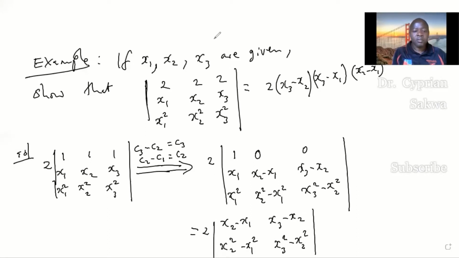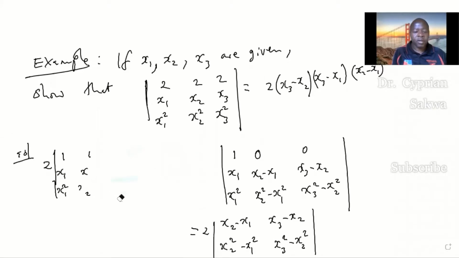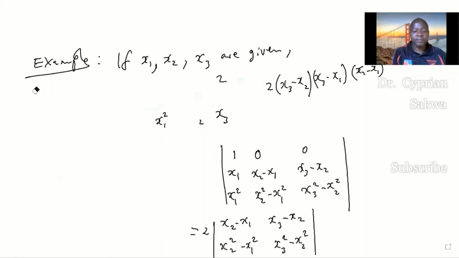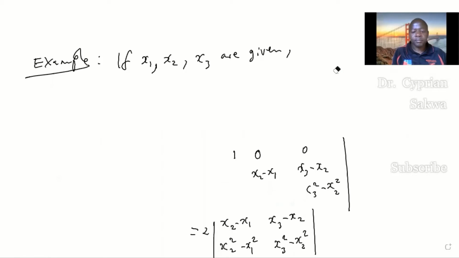So let me create some space for continuation. So I don't require this. I already have it. Now, we can factor out something.